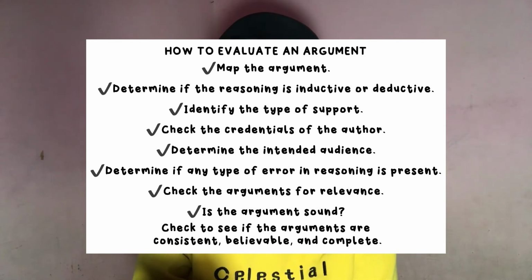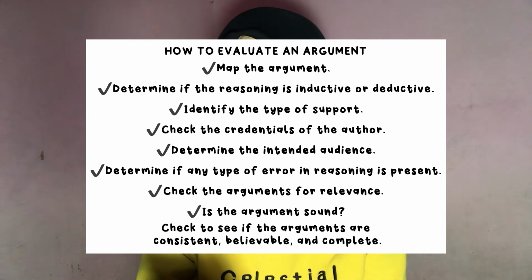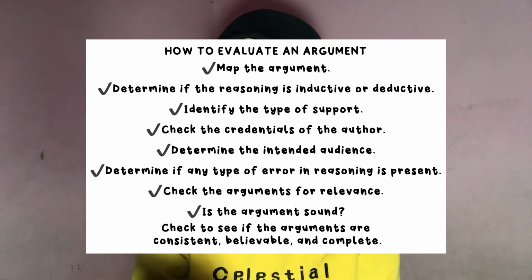Fifth, determine the intended audience. Sixth, determine if any types of error in reasoning are present. Seventh, check the argument for relevance. And the last is, is the argument sound? Check to see if the arguments are consistent, believable, and complete.